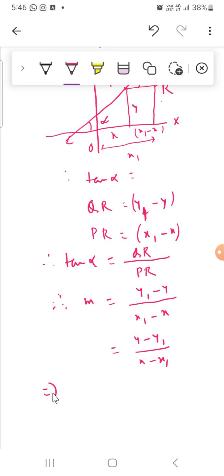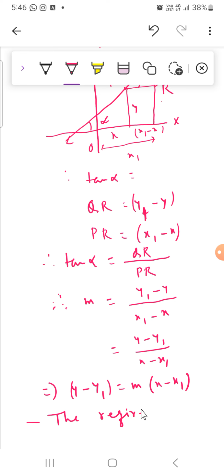So we find y minus y1 is equal to m into x minus x1. So this is the point slope form, the required point slope form.